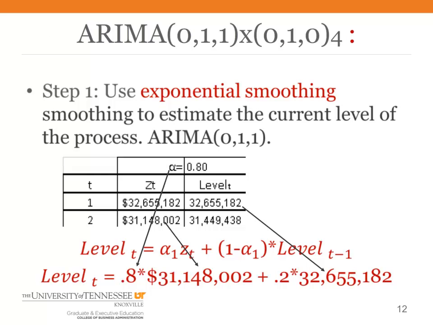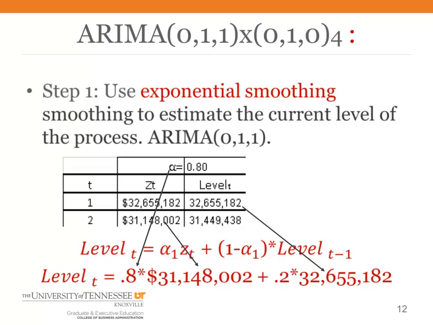Look first at the top of the page, and you'll see that we're talking about a different seasonal model now. We have replaced that first triplet of numbers there, P, D, and Q, with 0, 1, 1, which you should remember is shorthand for exponential smoothing. And we're going to use exponential smoothing to track the level of the process.